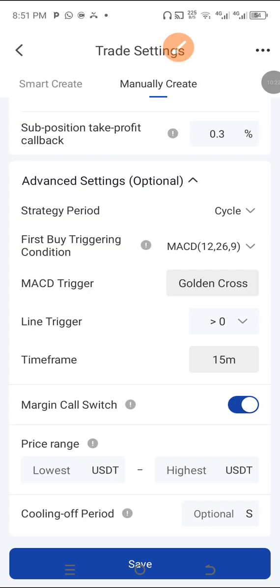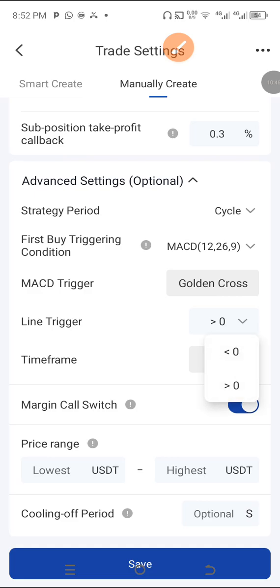When you tap on MACD here, you see now it's showing you golden cross because you're already in spot market. We only buy, we only go for golden crosses. Now do you want the golden cross to happen below the zero line or above the zero line? You tap on that zero line.